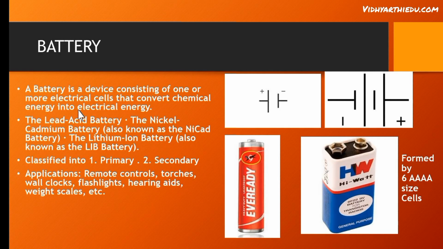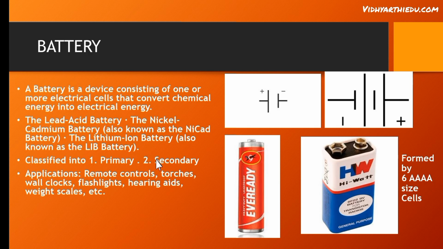Now these batteries are classified into primary batteries and secondary batteries. Primary batteries are non-rechargeable batteries, use and throw batteries, just like everyday batteries. But in Everyday or Duracell there are also rechargeable batteries, and we call rechargeable batteries secondary batteries.